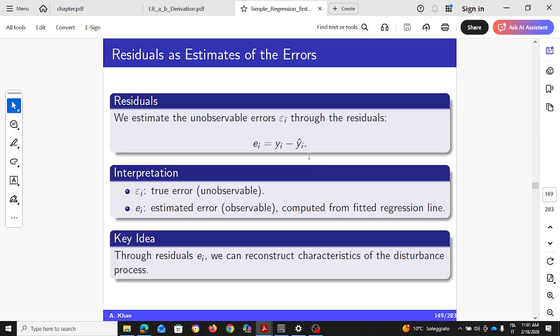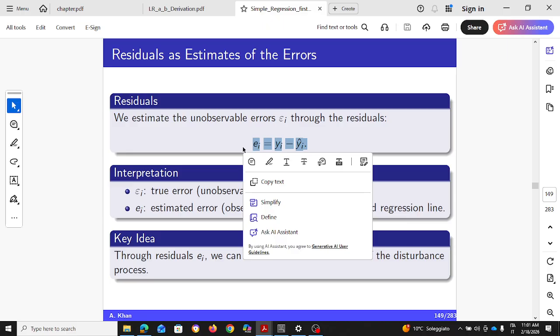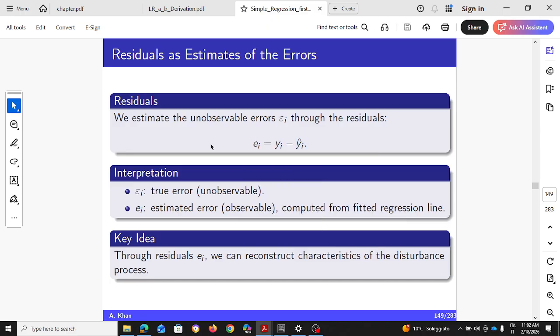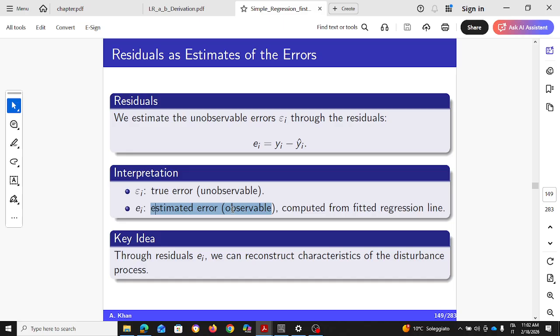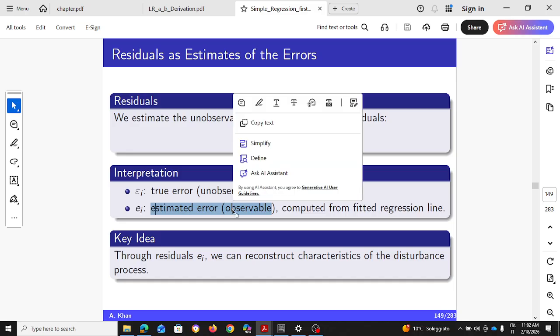To do this, we can take help from our residual terms, and we need to find a way to calculate this unobservable error. We have two types of error: the true error, which we cannot observe, and the estimated error, which we can observe and which we call the residual.